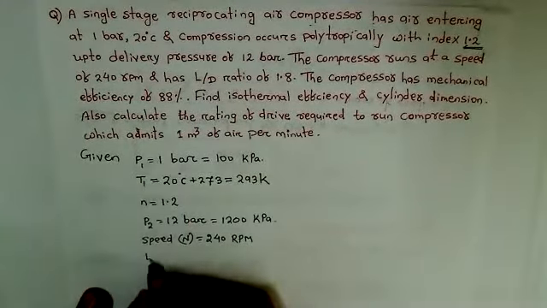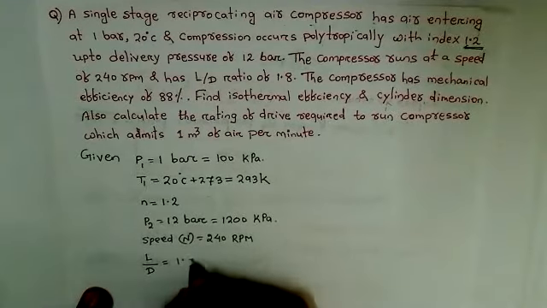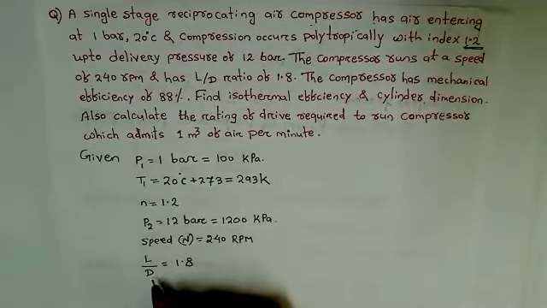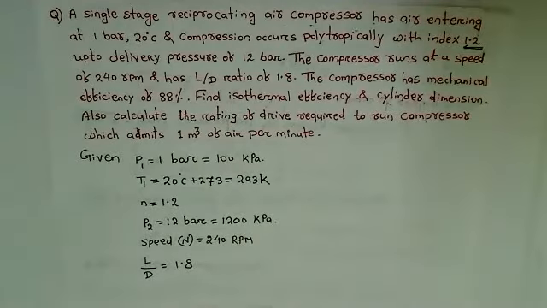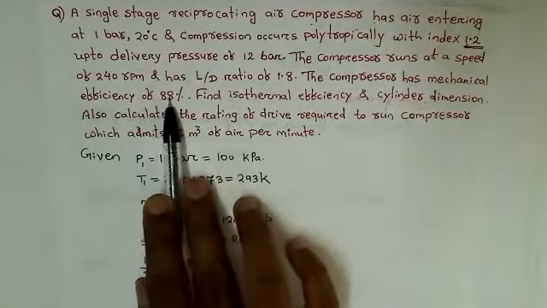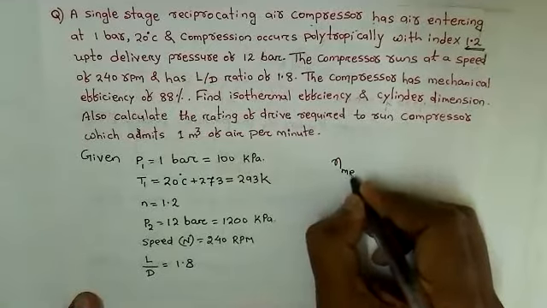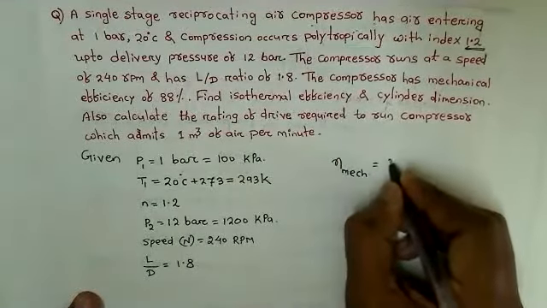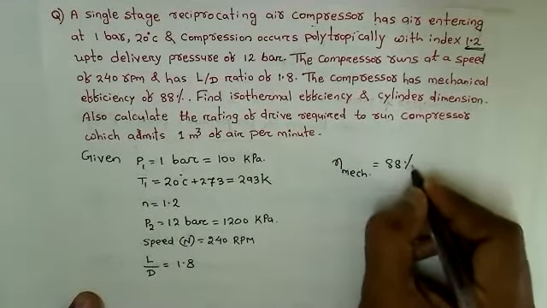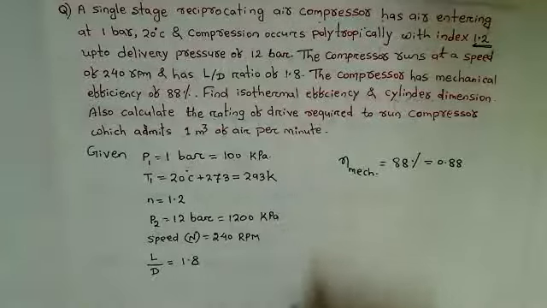So the L by D ratio equals 1.8. L is the length, D is the diameter of the piston. Now the next one is the compressor has a mechanical efficiency of 80%. Regarding this mechanical efficiency, yesterday we have already discussed. It is 88% or 0.88.